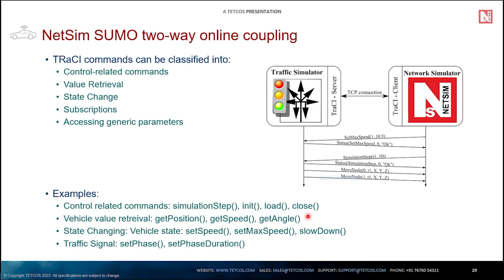Getting the speed, angle, position, etc. of a vehicle are associated with value retrieval commands. Setting the vehicle speed, triggering slowdown, setting traffic signal phase duration, etc. are associated with state change commands.